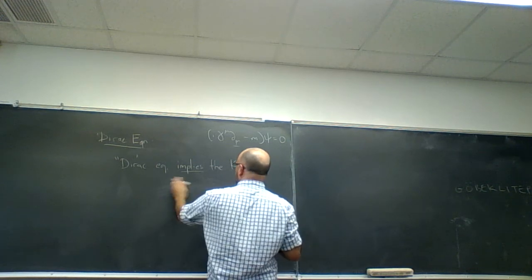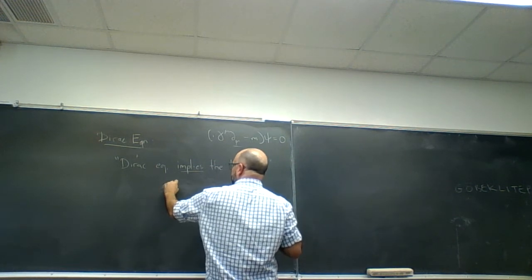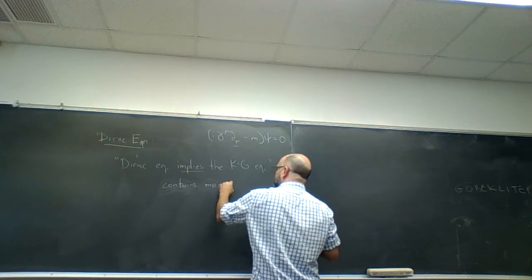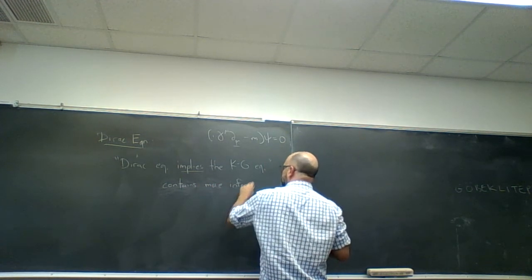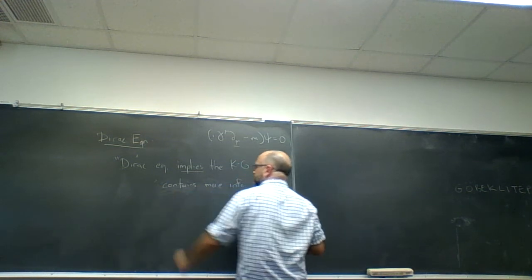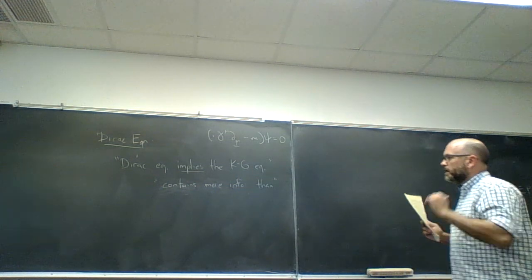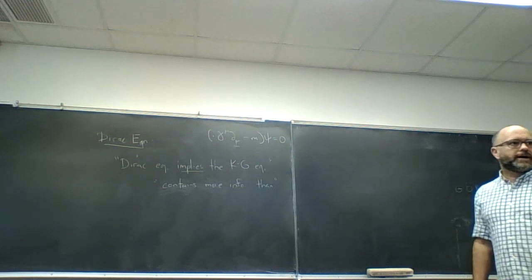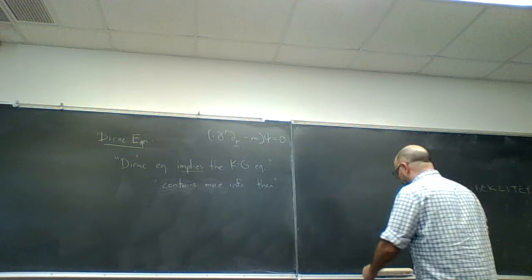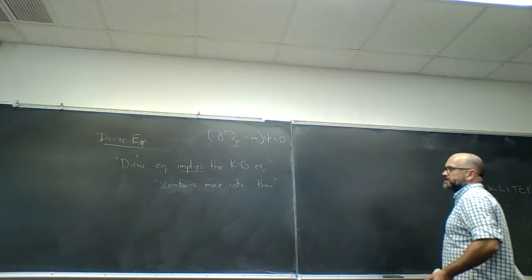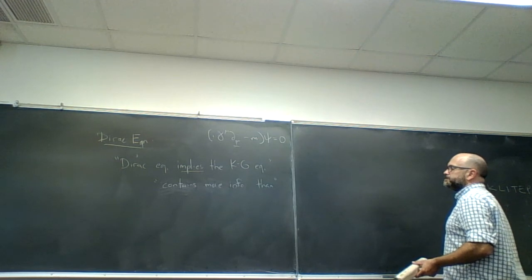Let's say the Dirac equation contains more information than the Klein-Gordon equation. Right, because we've already seen that this psi satisfies the Klein-Gordon equation, right? But what I want to do is show you where these statements come from.